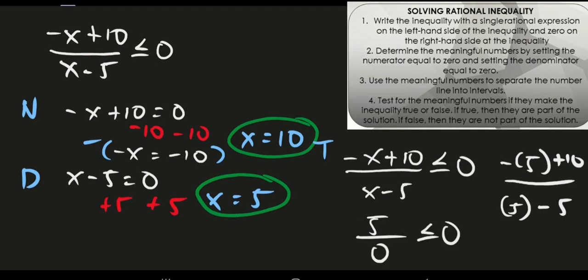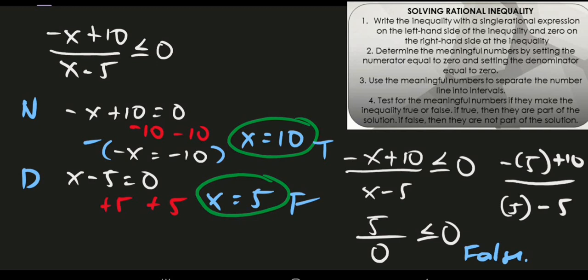Okay, but let's recall our given concept. If our denominator is equal to 0, that means the entire fraction is undefined. So obviously this is a false statement or false relation. So that means we have letter F. So we have this meaningful number from the numerator as part of our solution, and we have this denominator as not part of our solution.